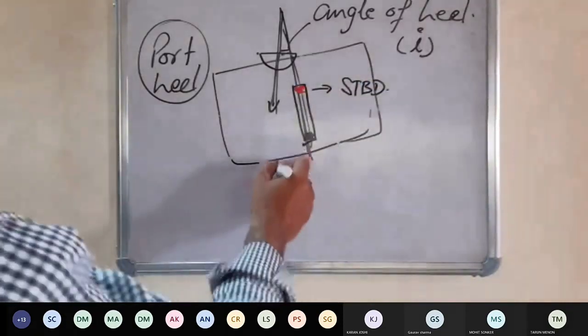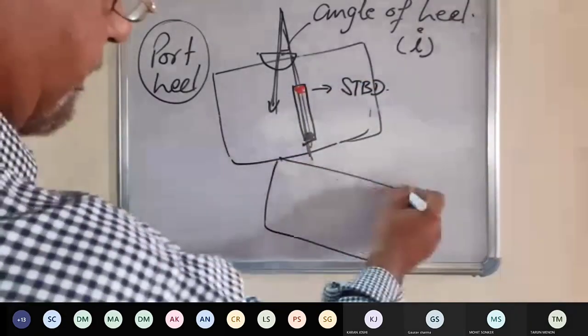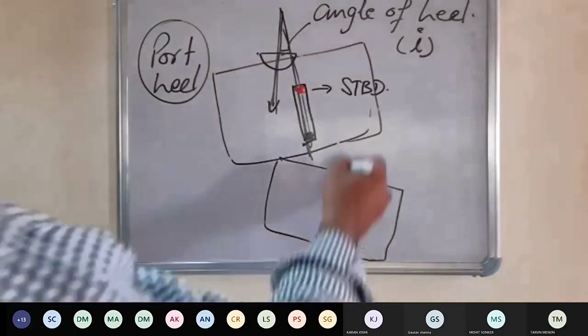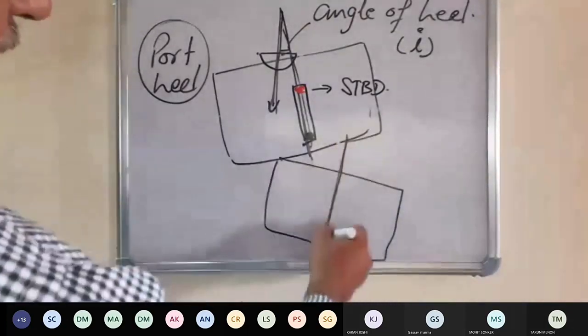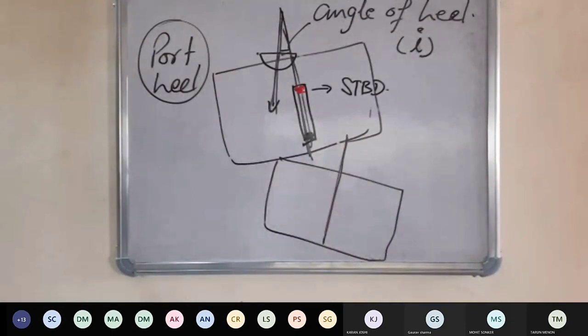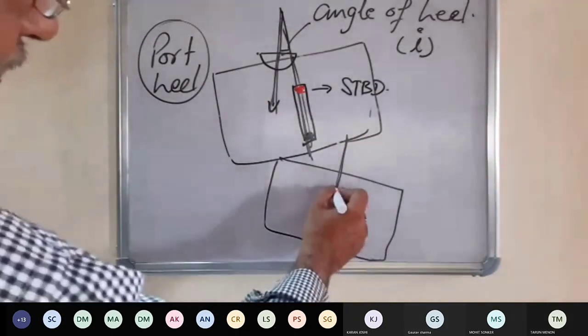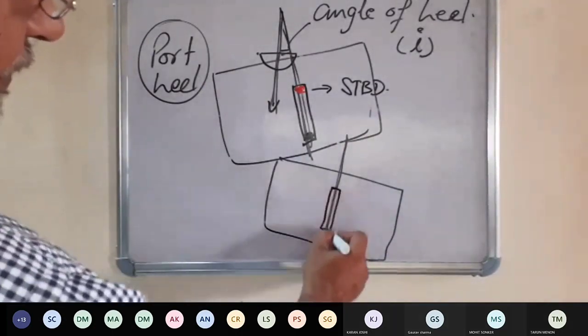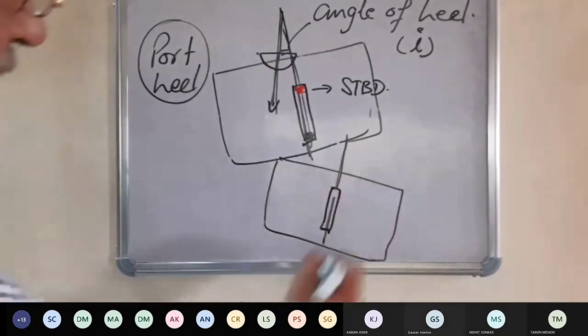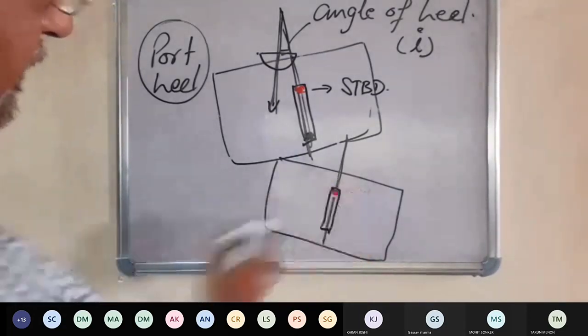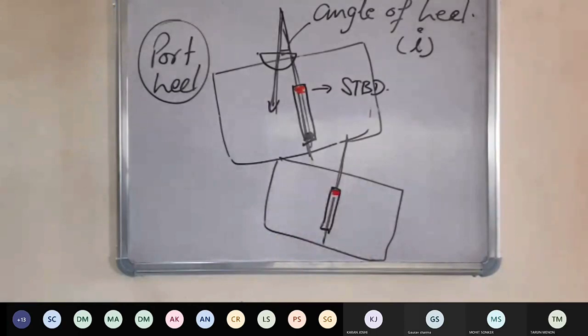Similarly, when the ship is heeled to this side, the forward or vertical center line will be like this. The rod will still be in the same condition. The red end, let us say here.